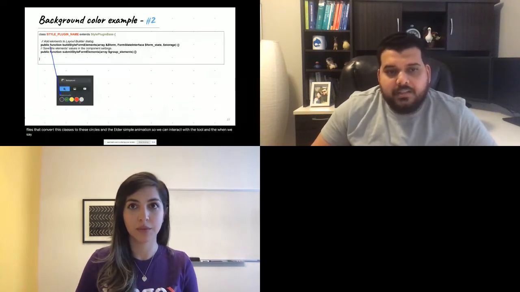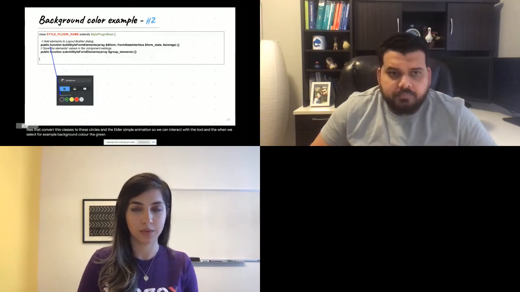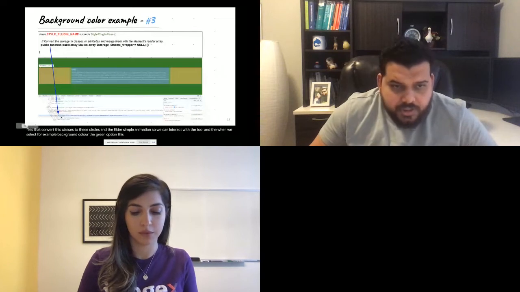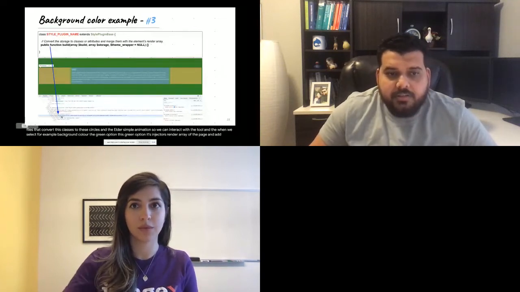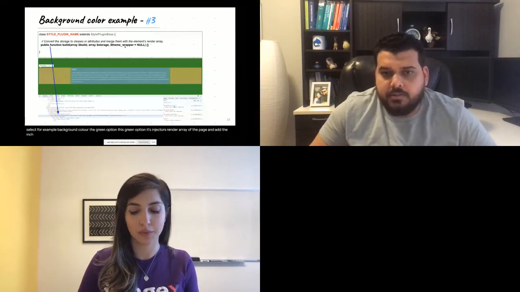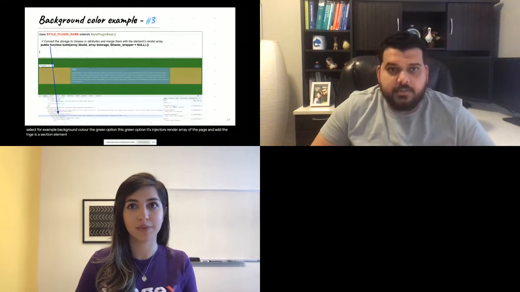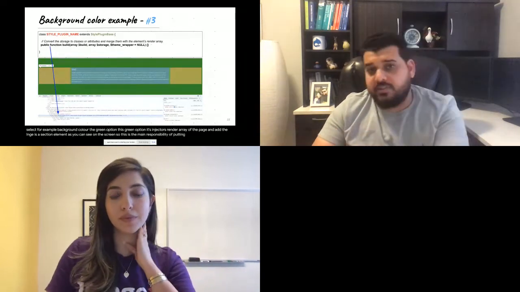When we select, for example, background color, the green option, it injects into the render array of the page and adds the defined classes. So it changes the section element, as you can see on the screen. So this is the main responsibility of Bootstrap Styles.